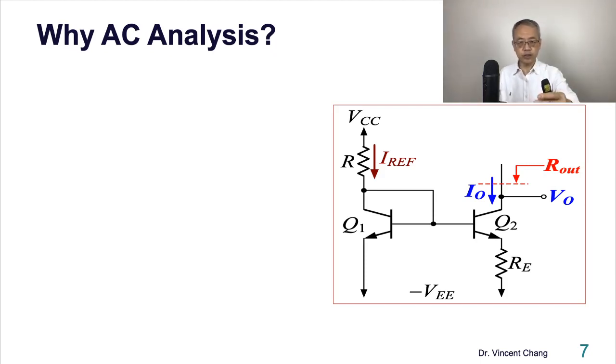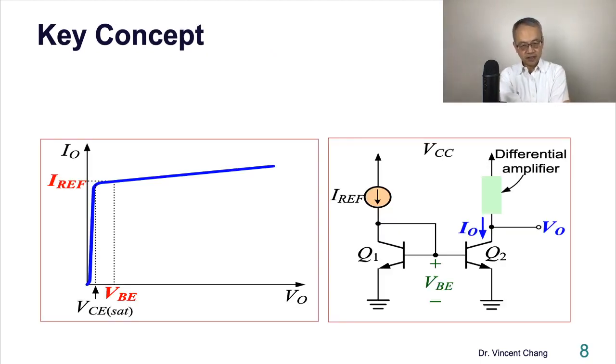Again, the question I raise to you is this. Why do we need the AC analysis for a DC current source like this? Why? What is your answer? The answer is this. This is the key concept we talked about before.